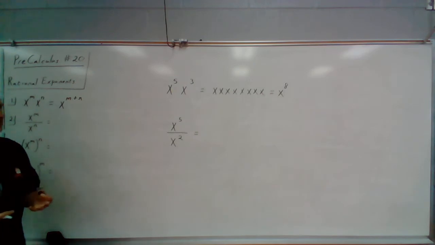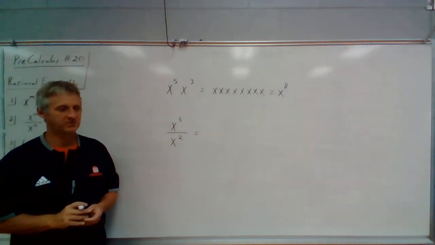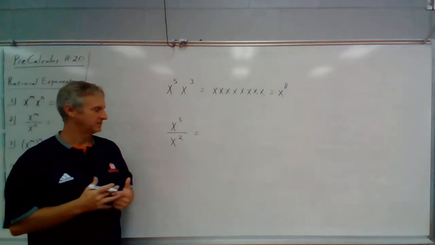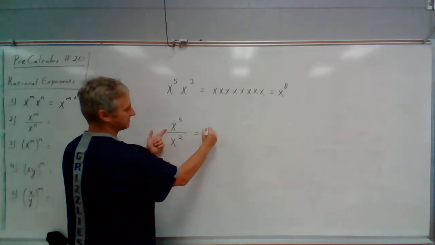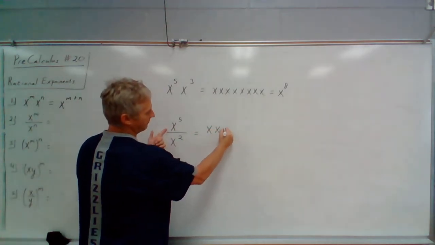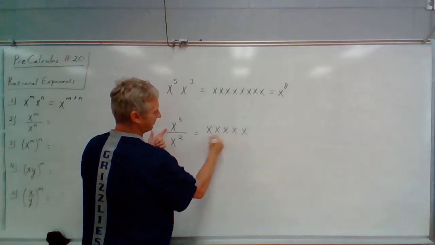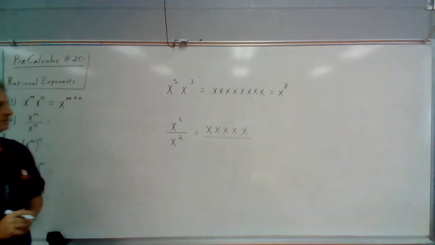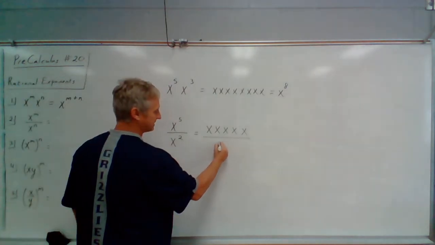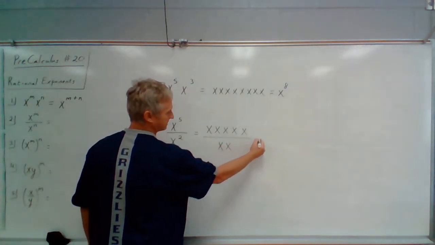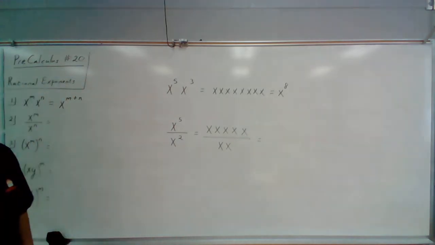Again, most of you already know that we subtract these exponents, but why do you subtract these exponents? Let's think about what it means. X to the fifth means to multiply x by itself 5 times. X squared means to multiply by itself twice. So we get that.